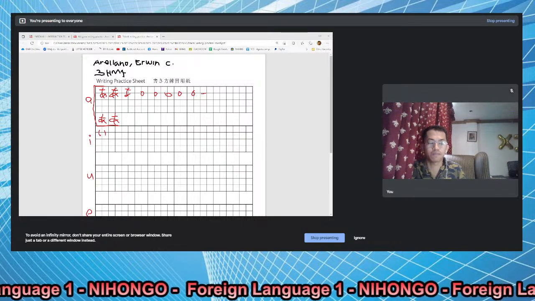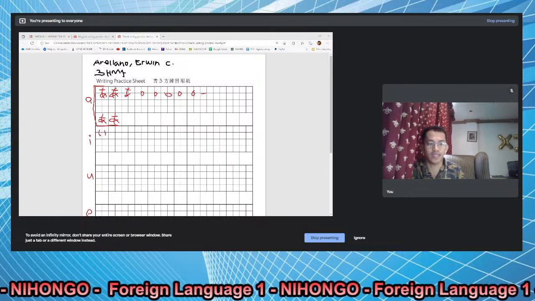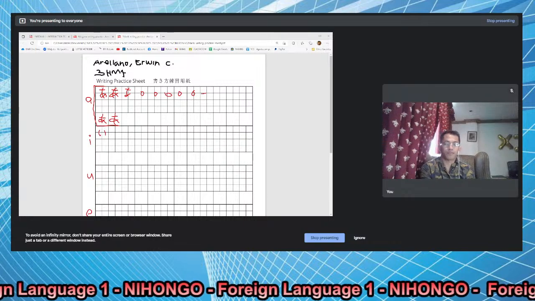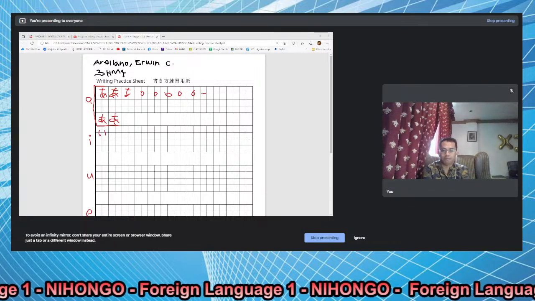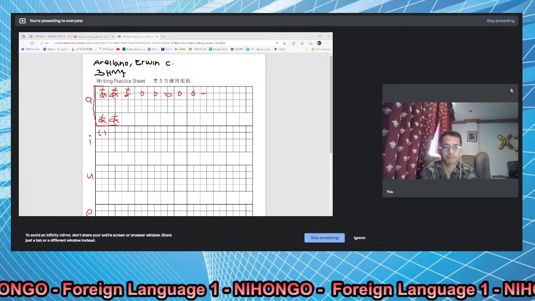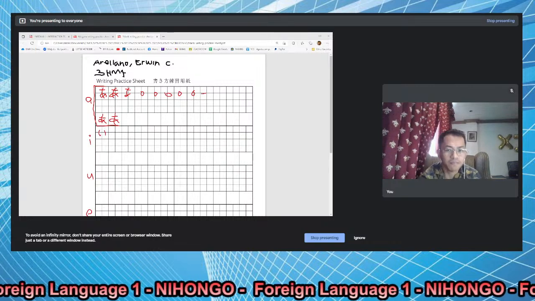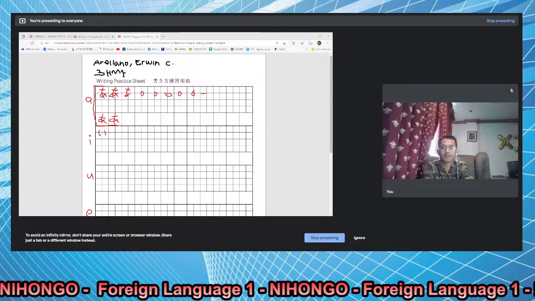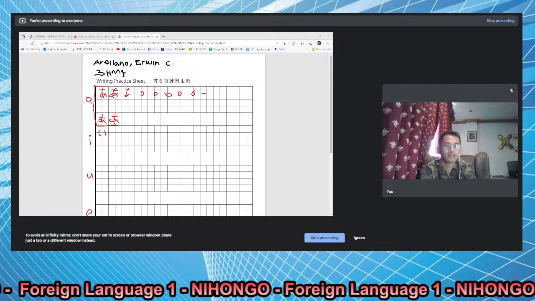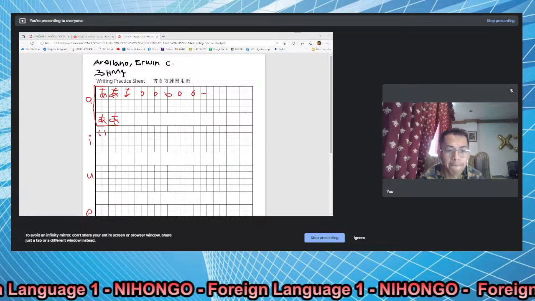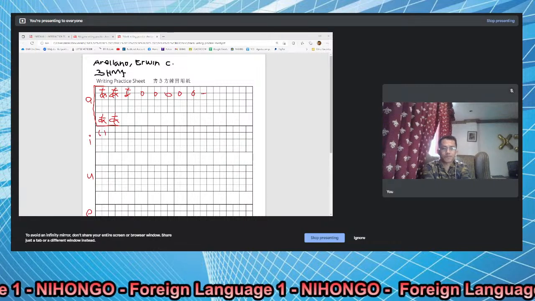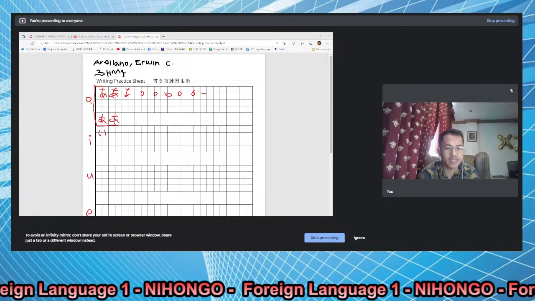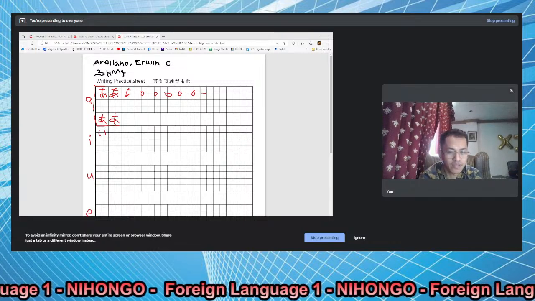Yung sa writing practice sheet, hindi na. Japanese numbers kasama po sa exam. Diniscuss na natin yan, di ba? Buong 1 to 100. Yun ba yung tinatanong mo? Kasama po sa prelim exam.